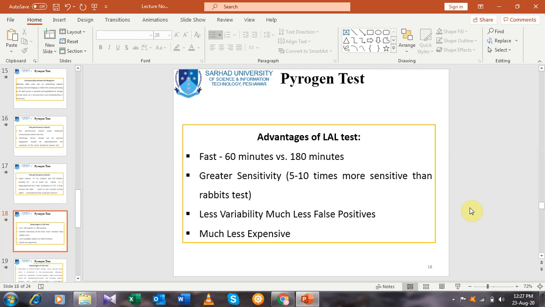Another reason for preferring the LAL test is that it is less expensive as compared to the rabbit test, because in the rabbit test we select and purchase the rabbits, and properly maintain their condition to ensure they are healthy, and their food and restrictions, handling and acclimatization are difficult. We have to control their temperature and perform the testing procedures, which is difficult as compared to the LAL test.